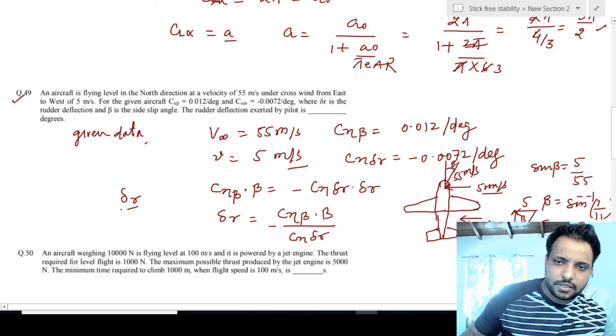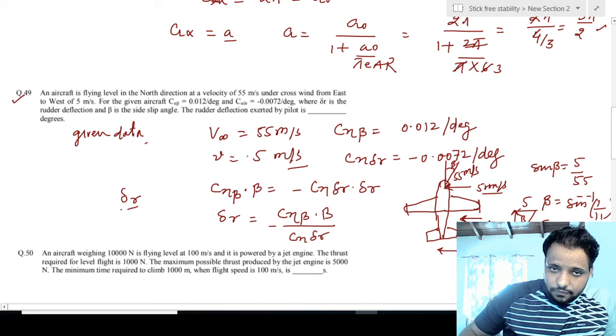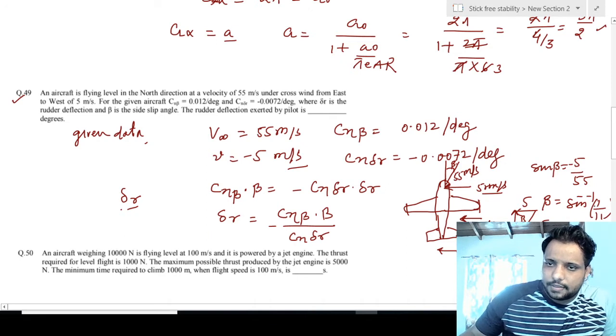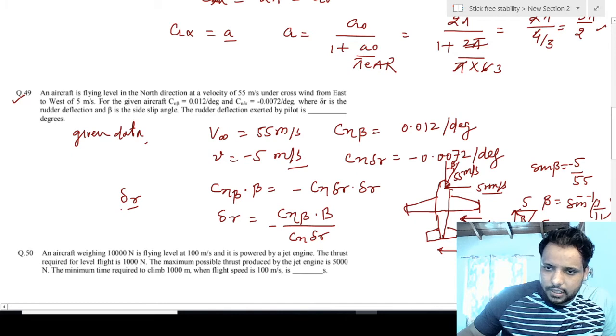As per sign convention, if the velocity or the side force is in this direction, from this side to this side, that is considered negative. So sine beta is minus this, and the value of beta from here is minus 5.216. So beta is minus 5.216 degree. Okay, this is the sideslip angle.